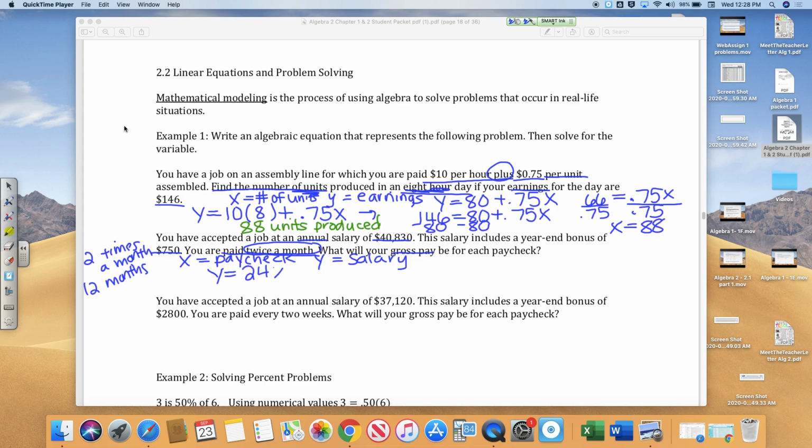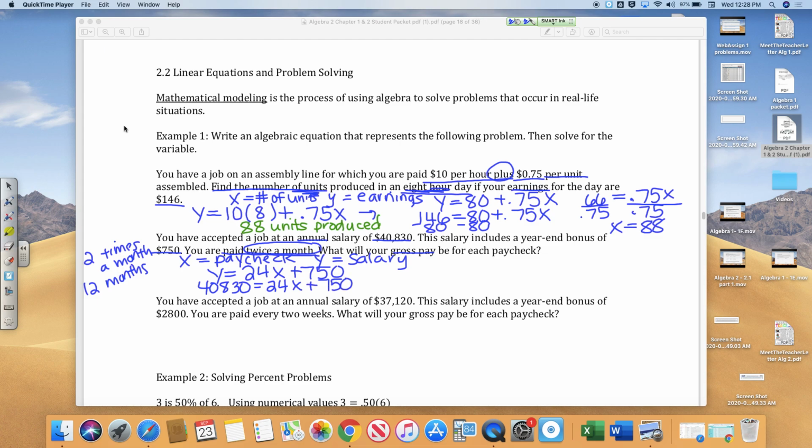So 24 times x, because x is the amount in each paycheck, plus the $750 year-end bonus is equal to our total salary. Now, they told us that our total salary is $40,830. So I'm going to replace y with $40,830, and then I will be able to solve for x.